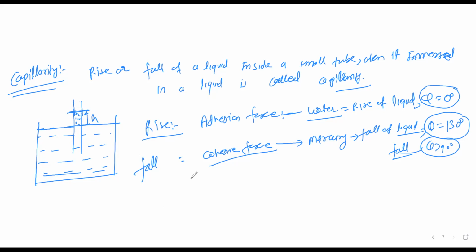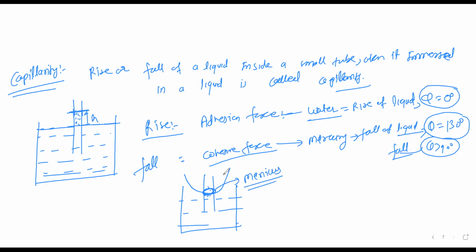So you can indicate it here for the rise case and for the fall case. Like this, a small tube is there, and if a rise is happening, you can indicate it like that. And the circular section you get here is called the meniscus.